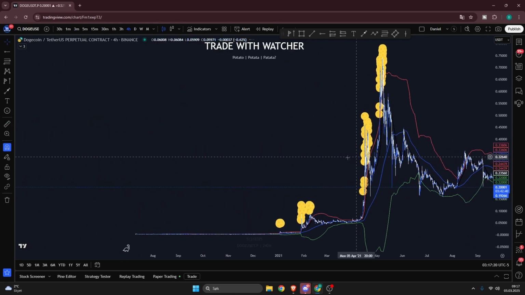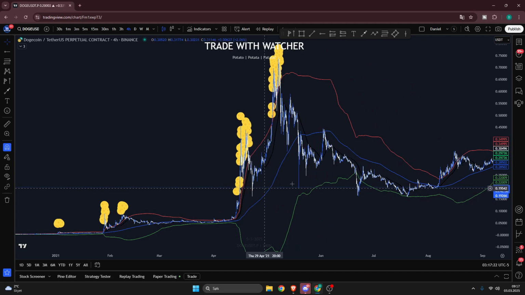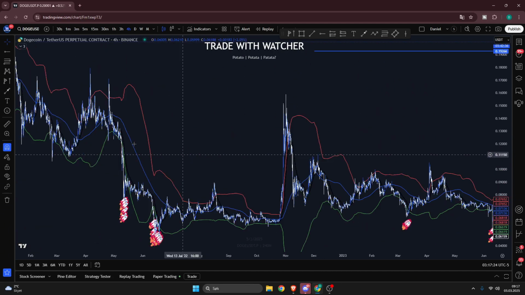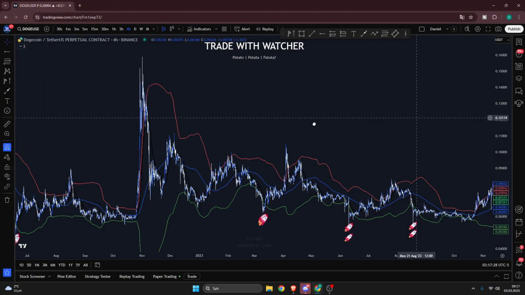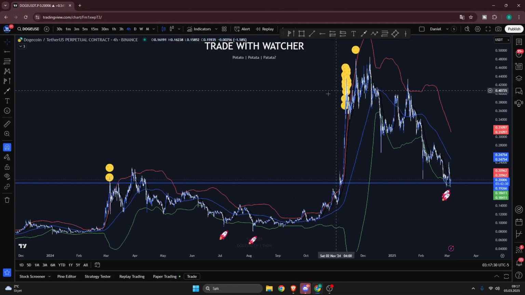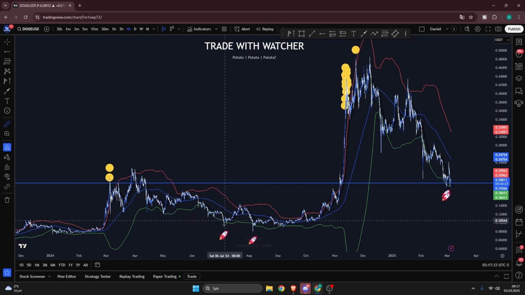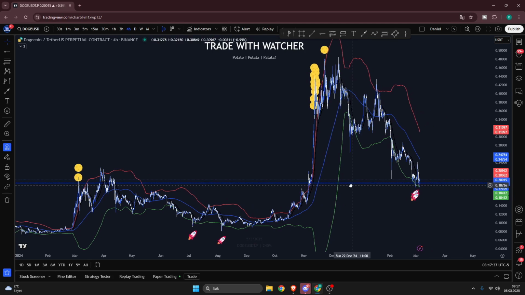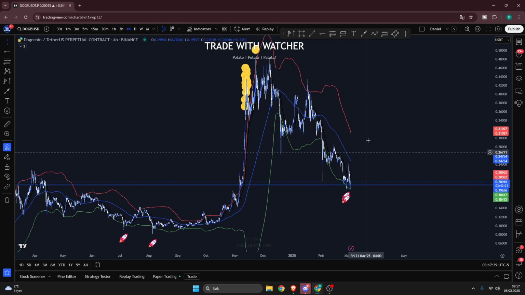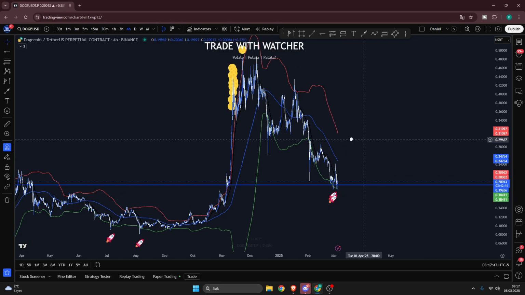I think you have something earlier here, or do we? No, not now. Okay, so, and then you can see we are starting to get some new rockets in here, and then we got some new moons, and you can see from here to here. That's another 300% gain on this one. Now we're getting rockets again on Doge. And it's a good time to start to HODL on Doge as well.